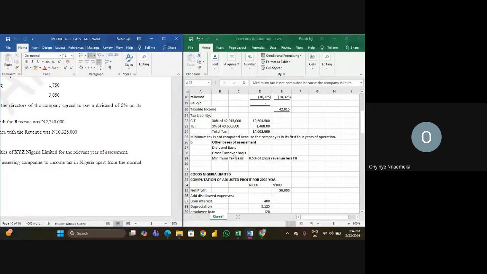But you can never use the gross turnover basis. Why? It's in the discretion of the Nigerian Revenue Service. They are the ones that would give the company a fair and reasonable percentage. It's in their discretion. You cannot think for them. You don't know what they want. So you definitely cannot tell the particular percentage that they will give the company. I don't know if you get me.